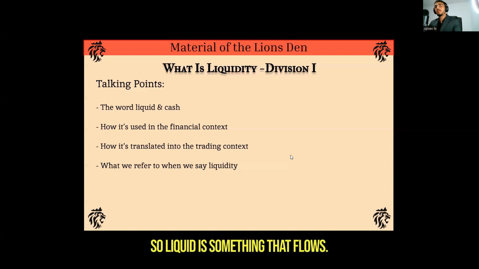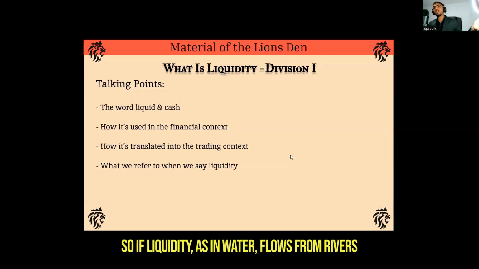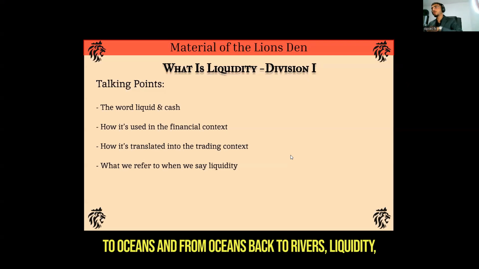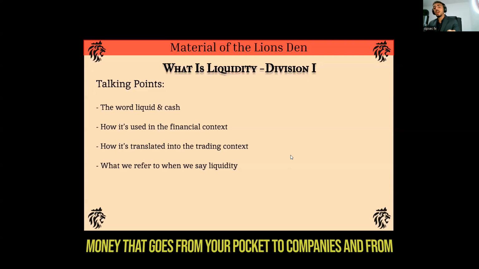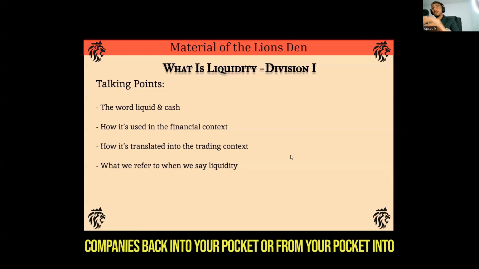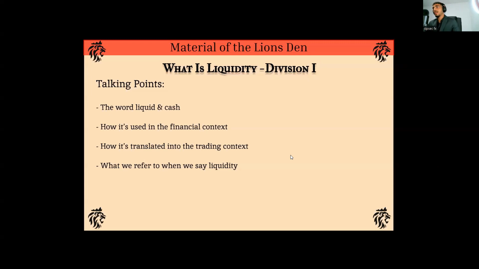If liquidity, as in water, flows from rivers to oceans and from oceans back to rivers, then liquidity in the financial context is money. Money that goes from your pocket to companies and from companies back into your pocket, or from your pocket into assets, and from these assets back to your pocket. That is in the financial context.